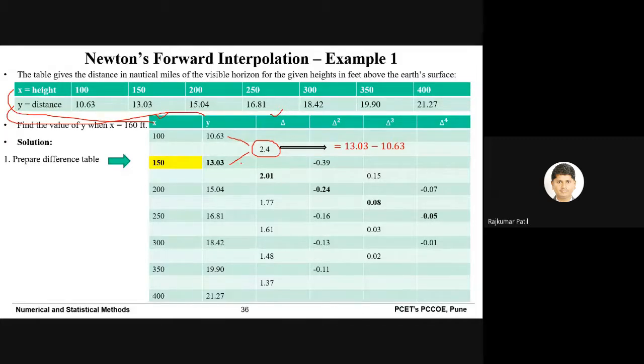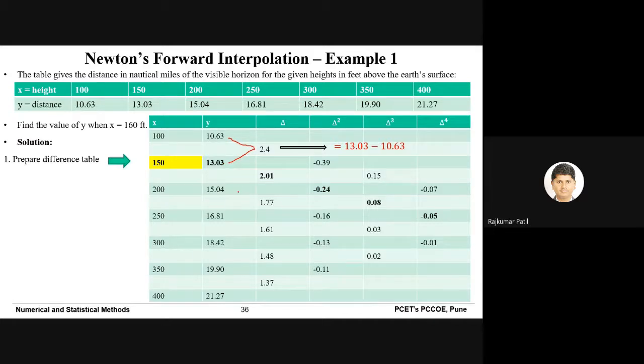Here we calculate the value of del by taking the difference of y1 minus y0, that is, the next value of y minus the current value of y. This is how we take the difference and prepare the first value. And you have to write that value in between these two values. This is very important. This is how you have to prepare the table.